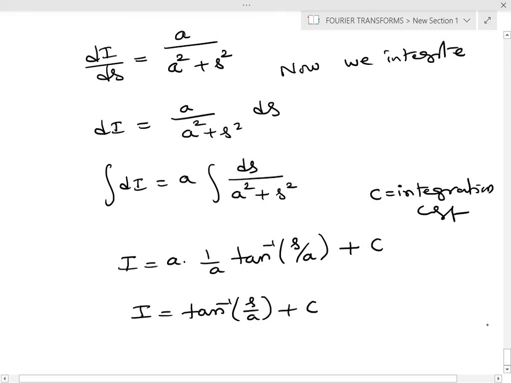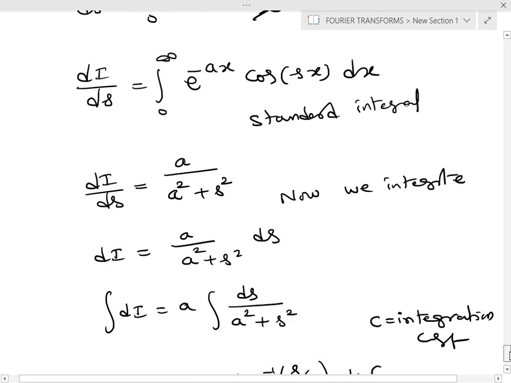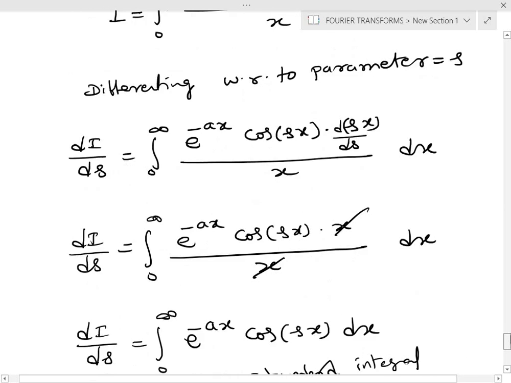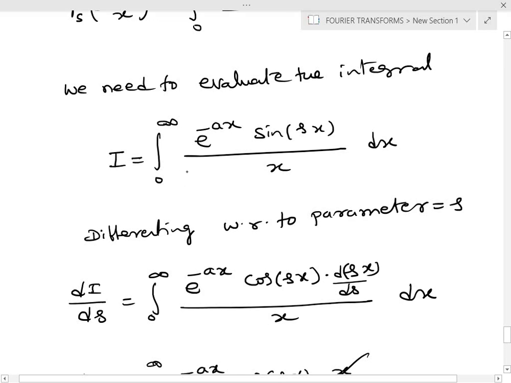Okay, now locate something here. If I know some boundary conditions, then I'll get something here. So now you see, I have taken this integral here. What will happen to this integral for s equal to 0?